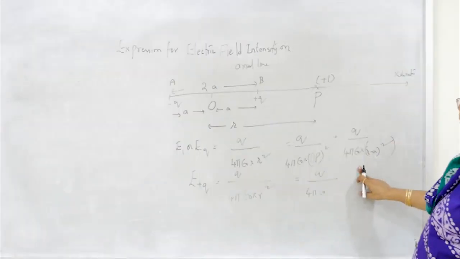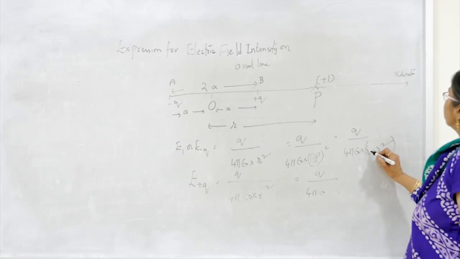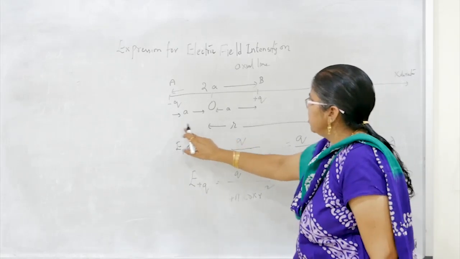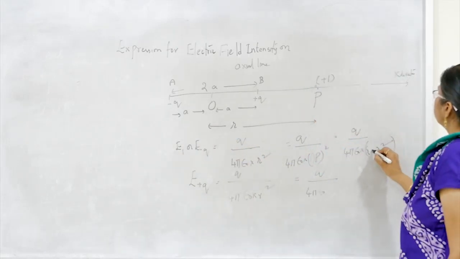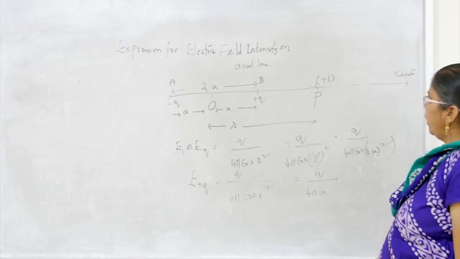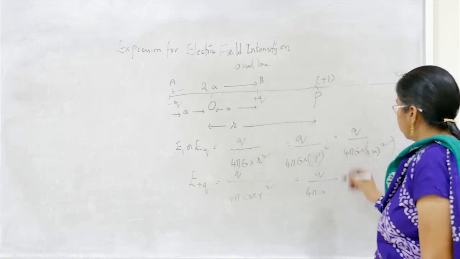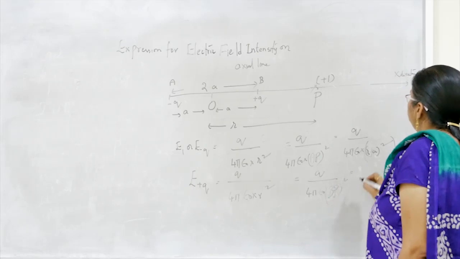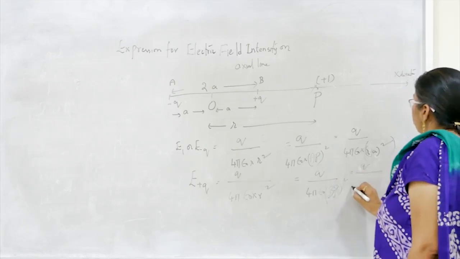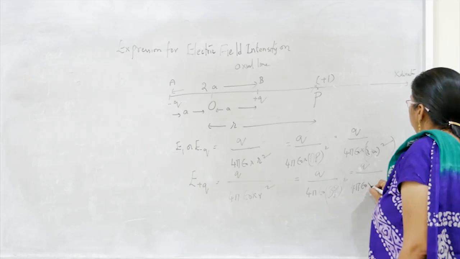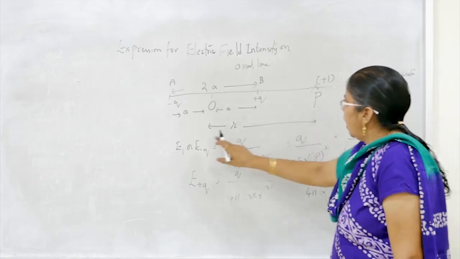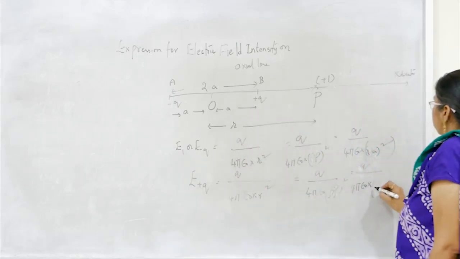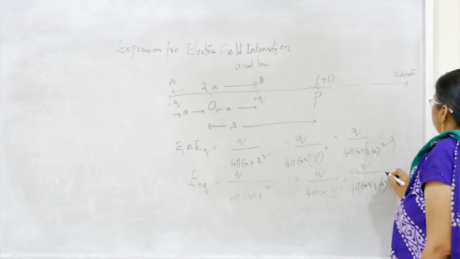This becomes r plus a whole square, because this is r and this is a. So BP square means r plus a whole square, and q by 4 pi epsilon 0. Next is BP square, BP whole square. That gives q by 4 pi epsilon 0 into BP square means this is r and this is a. So r minus a whole square.